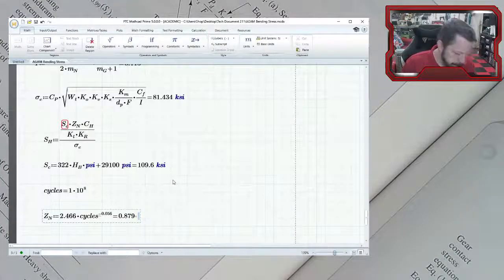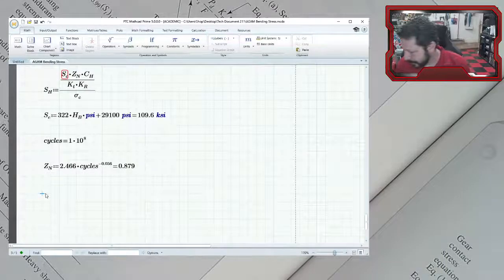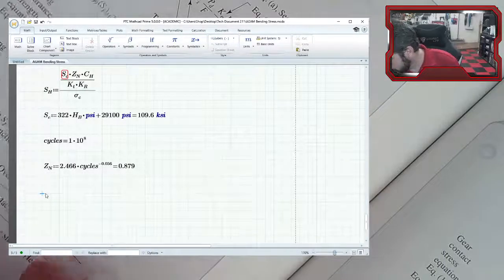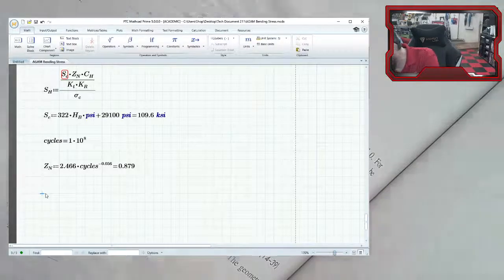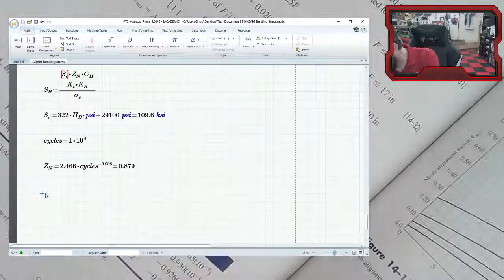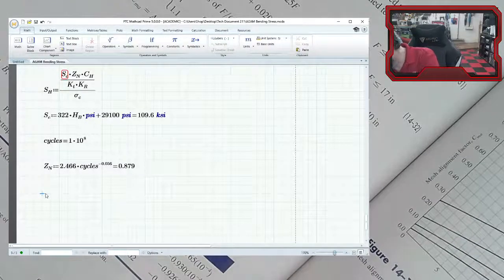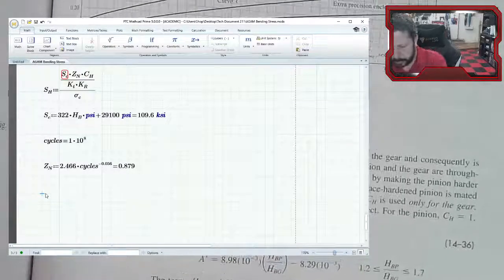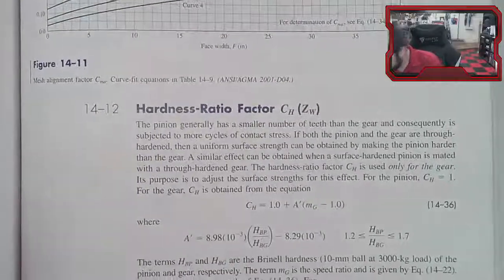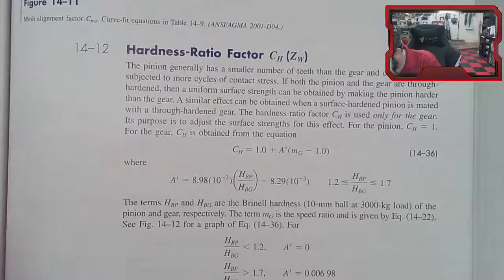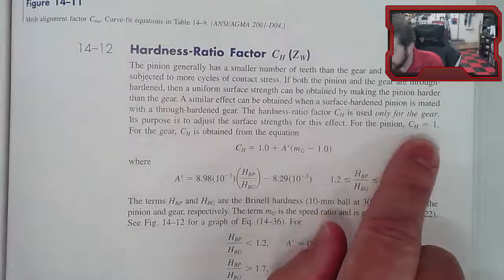CH is, let's see, there is a line somewhere in your book that says for the pinion you use CH. I don't know if I can find it really quickly or not. Hardness ratio factor, CN or CH. When you're working with the pinion, here it is, for the pinion CH equals 1.